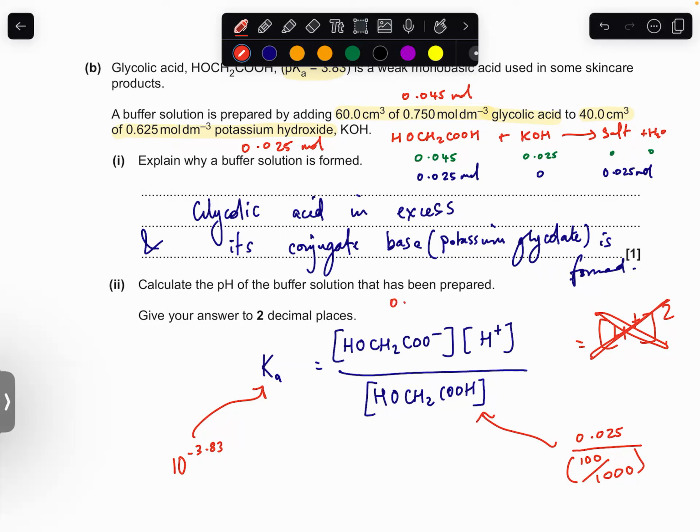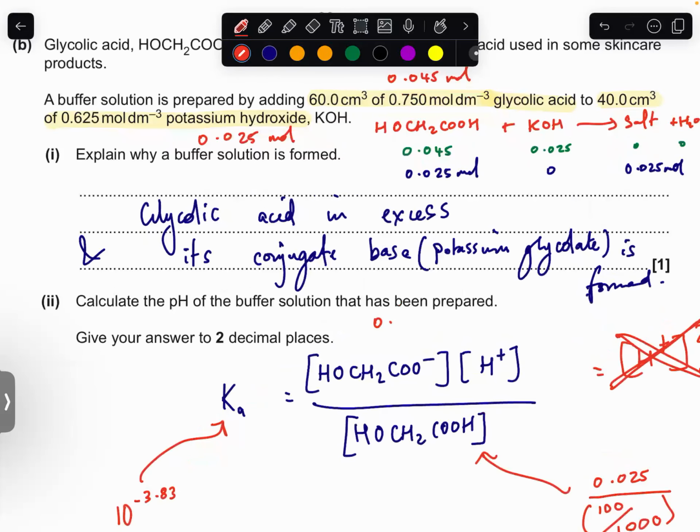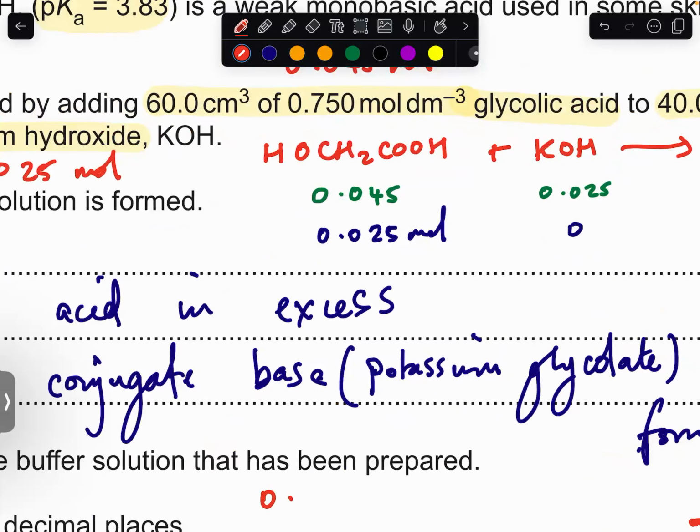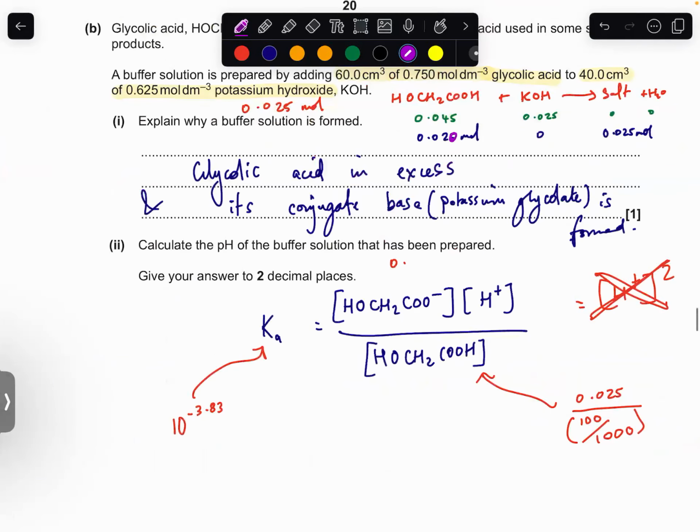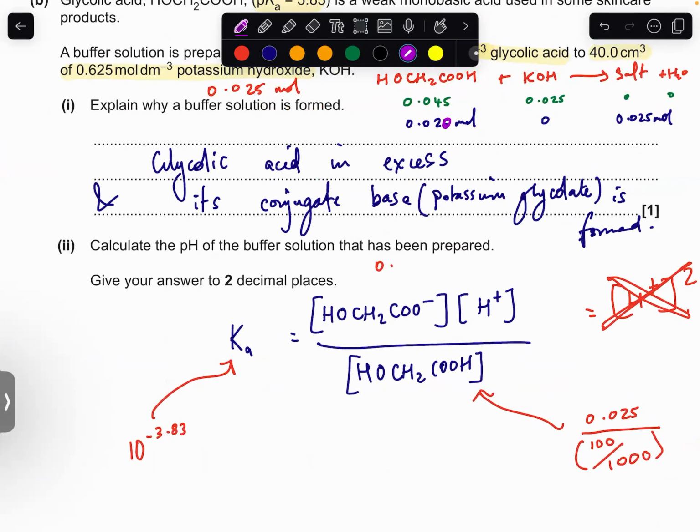Wait a minute, I think I made the wrong calculation here. 0.045 subtract 0.025, that should actually be 0.020. So the weak acid concentration is 0.20.